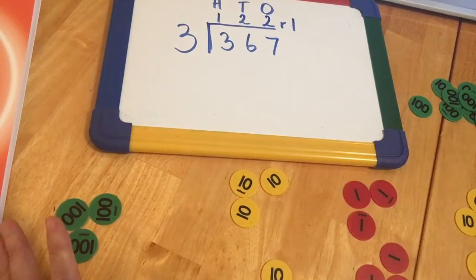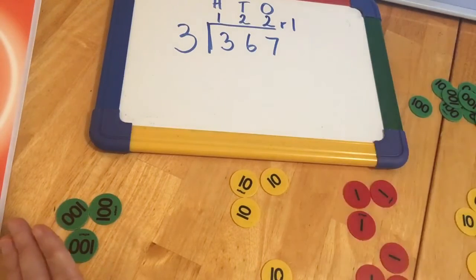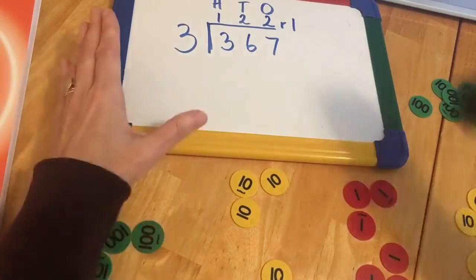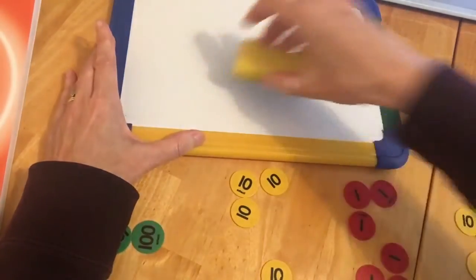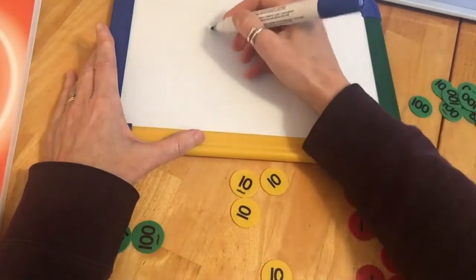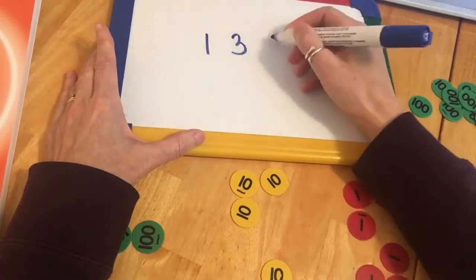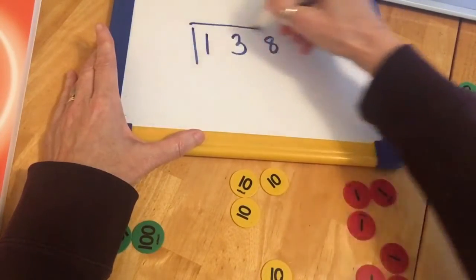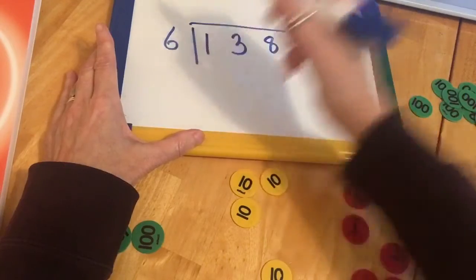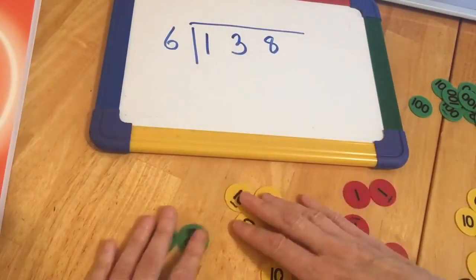As we move into year 5, the challenge comes because of the numbers that you're using, and that you need to start exchanging your higher value numbers. So as an example, if we do 138 divided by 6, or put it into groups of 6.